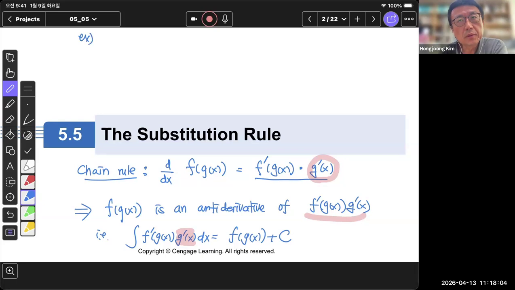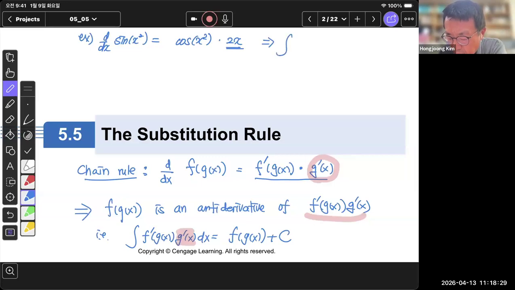As an example, since I don't have much time, let me just consider some examples. If I have sine x squared and differentiate this, you get cosine x squared multiplied by 2x. This 2x is the derivative of x squared. So that means the indefinite integral of cosine x squared times 2x dx will be sine x squared plus c.